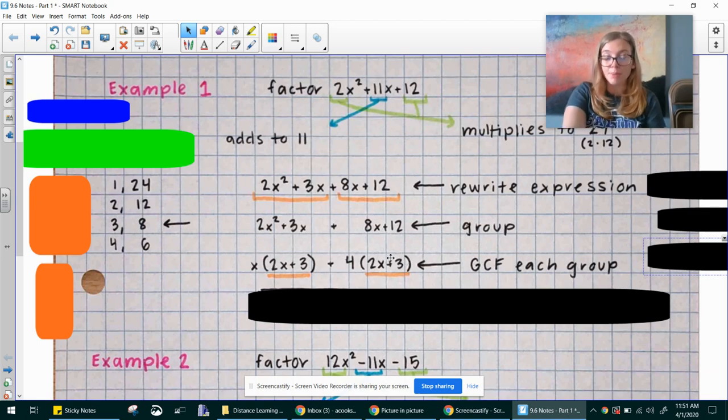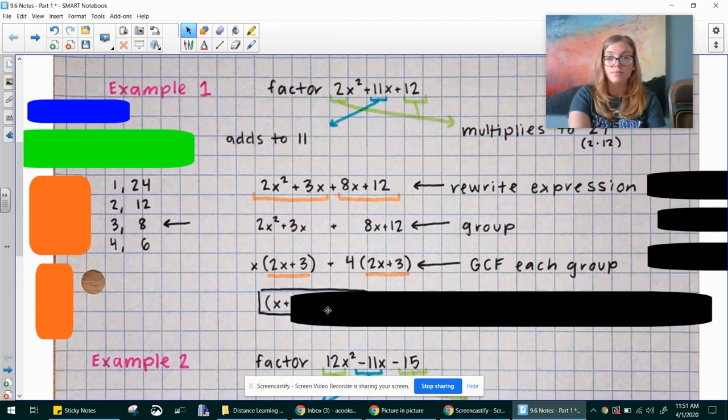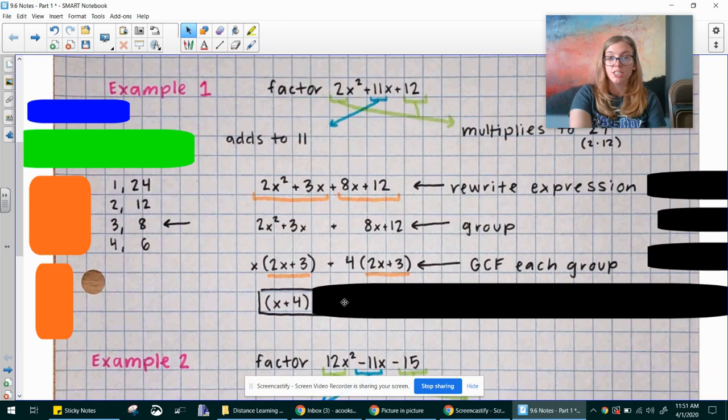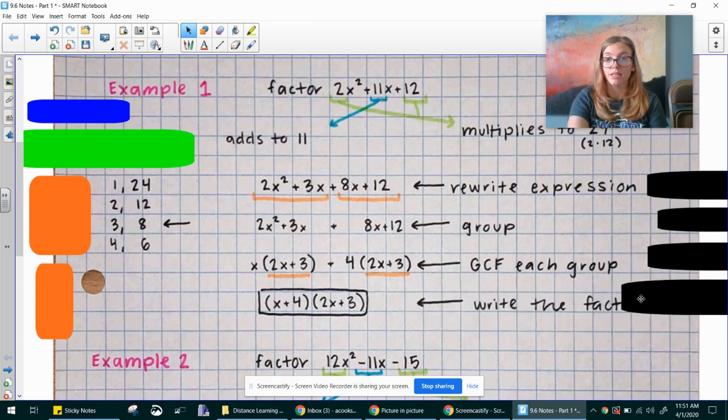If you are factoring by grouping correctly, what is left in the parentheses should match. These are our twins. The final step is to take what is outside of our twins, in this case, x plus 4. That's going to be one of our factors. And then the twin will be the second factor, 2x plus 3.